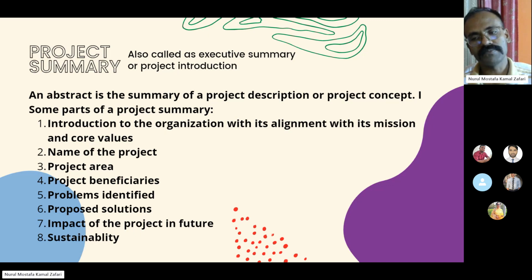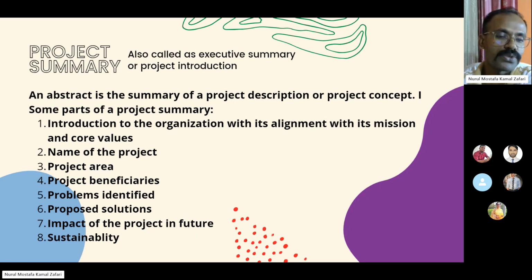In a project summary or executive summary, one can describe in a paragraph or using bullet points or serial numbers or A, B, C, D, these things: introduction to the organization with its alignment with its mission and core values, and name of the project area, where the project developer can add or include a geographical map of the project with a specification.